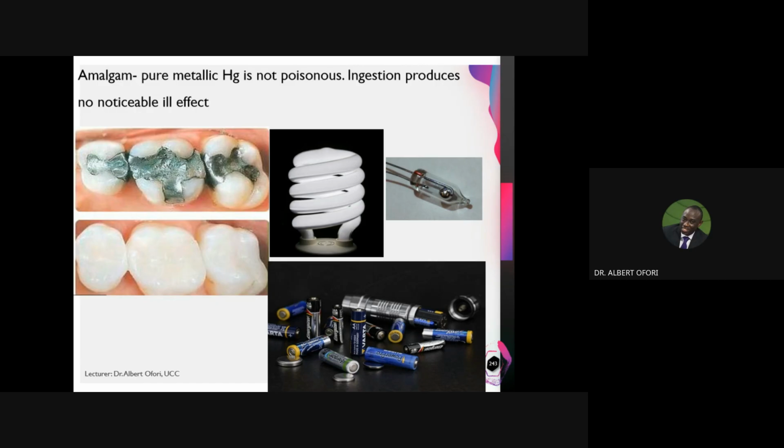But we still have it in the system. We still have the mercury batteries also there. And I think it has not been long since we replaced the tungsten bulbs with mercury bulbs, those yellow bulbs. But now we have also begun replacing these mercury bulbs with LEDs. So I'm sure you've seen these mercury bulbs.